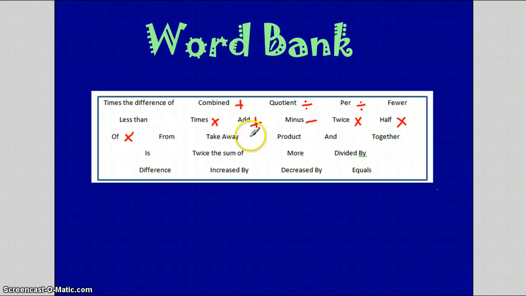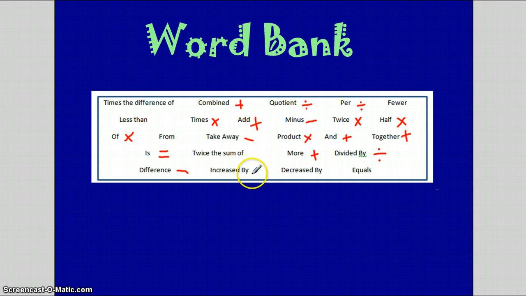I'm going to skip around. Take away is subtraction, product is multiplication, and together are both addition. The next line goes with our equal symbol. More is addition. Divided by is division.